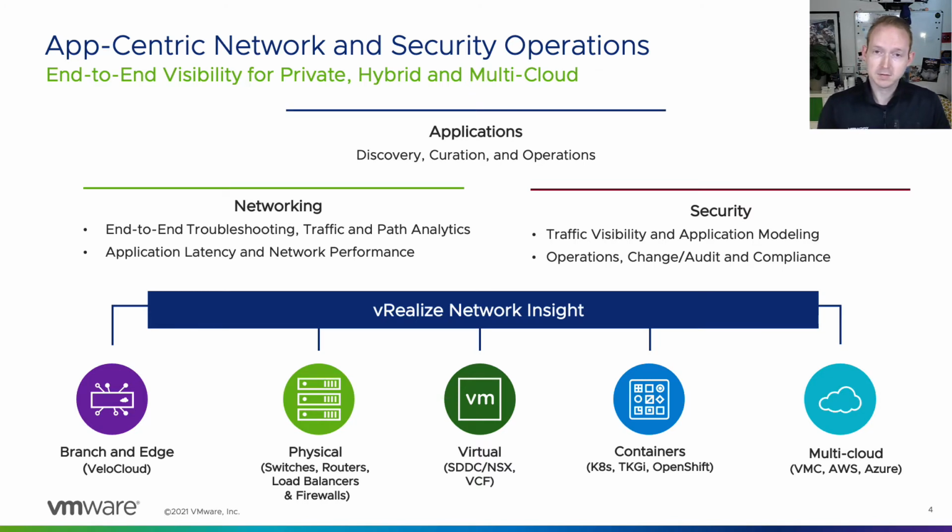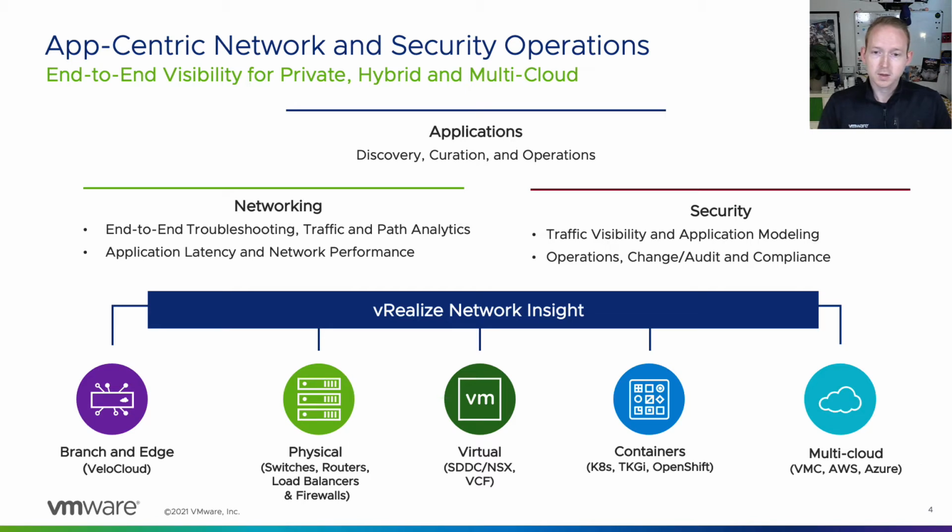The SDDC or VMware Cloud Foundation is also very heavily integrated there. That's VM-based, but we also ingest data from container environments such as Kubernetes Vanilla, Tanzu Kubernetes Grid integrated, or maybe even OpenShift, and also branching out to the cloud. So all of the data comes into vRealize, and then it starts correlating those together.